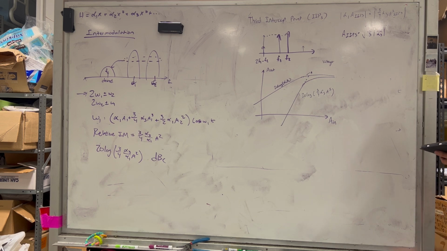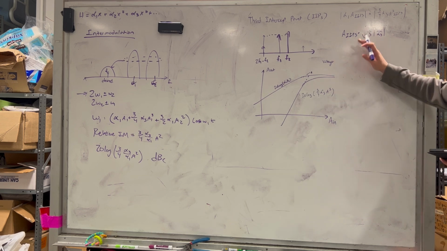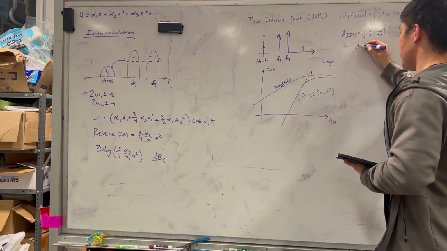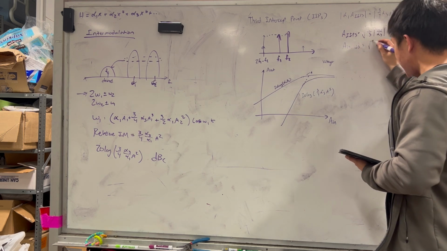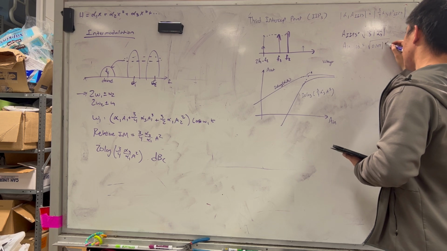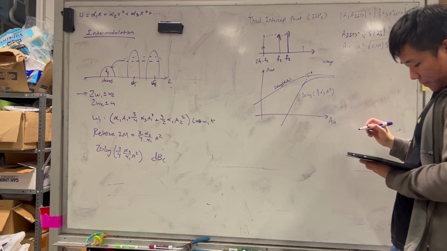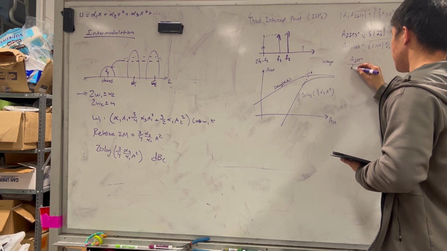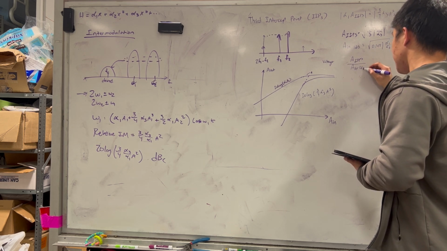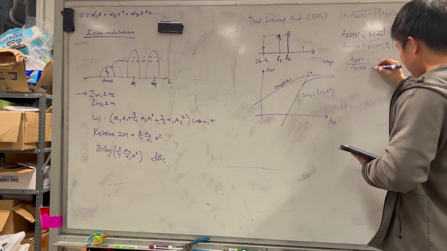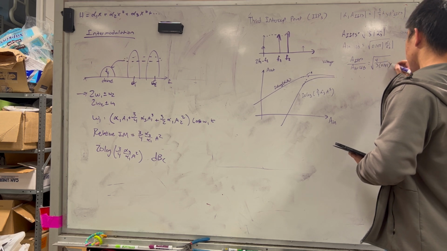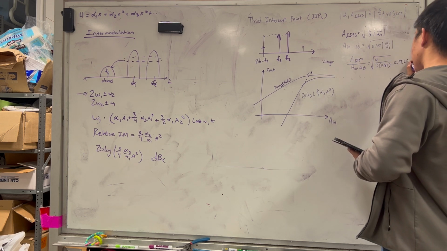You can refer to some textbook if you guys want to figure out how that's derived, but I'm just gonna use this for now. And if you guys recall from AN, the 1 dB compression point occurs at root 0.145 alpha 1 over alpha 3, right? If you were to normalize the IP3 point to the 1 dB point, you'll see that it's roughly 4 over 3 times 0.145, and this is roughly 9.6 dB.